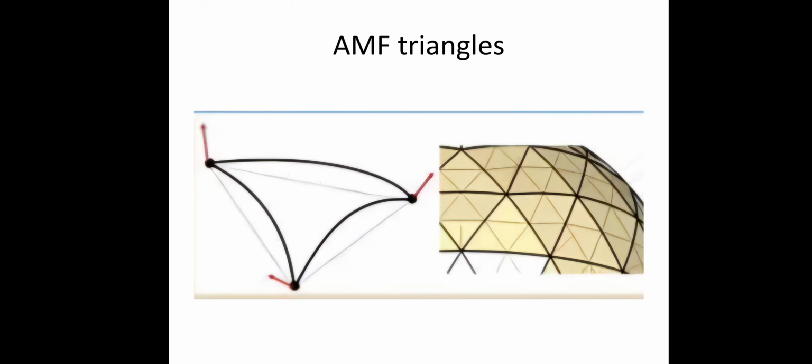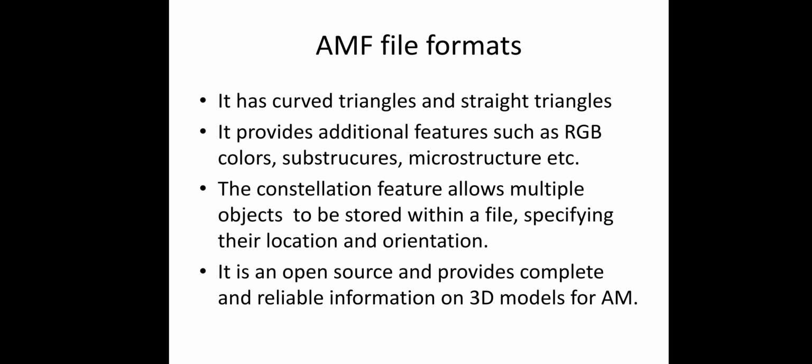In the AMF file format, the whole object is divided into straight triangles as well as curved triangles. If there are any curved surfaces, they are tessellated using curved triangles. So the AMF file format contains straight triangles as well as curved triangles.